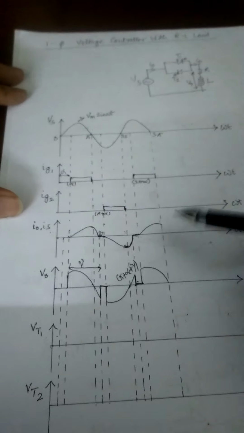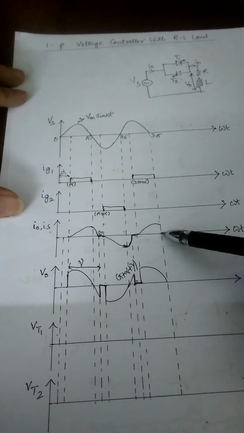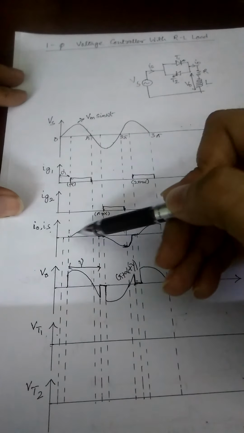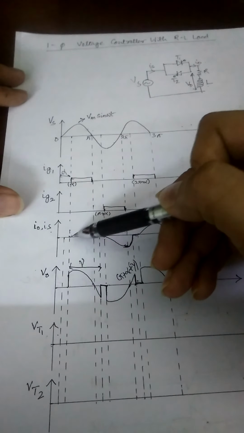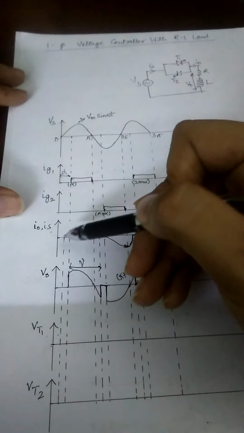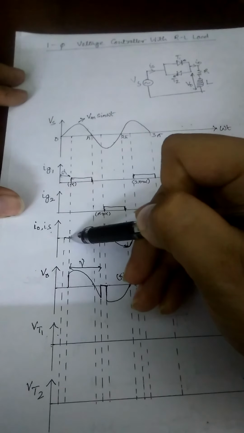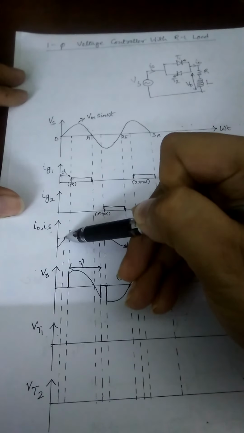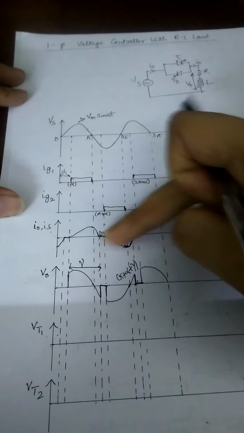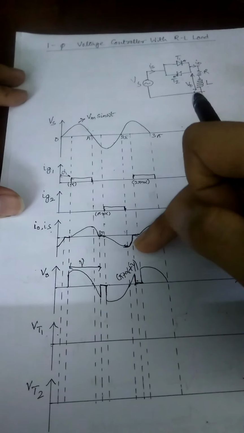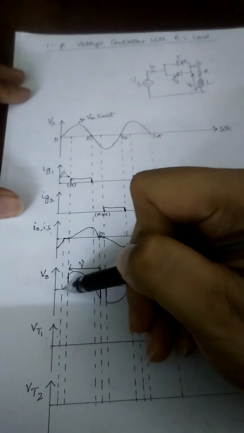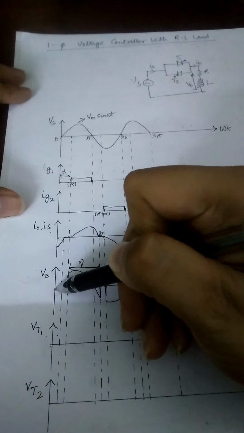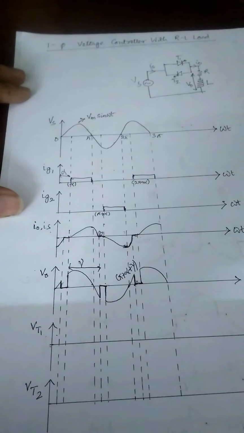Now after the 3 pi point, this cycle continues, and as we complete this graph, the previous cycle comes like that, as we already showed. For the voltage side, we also get it like this.